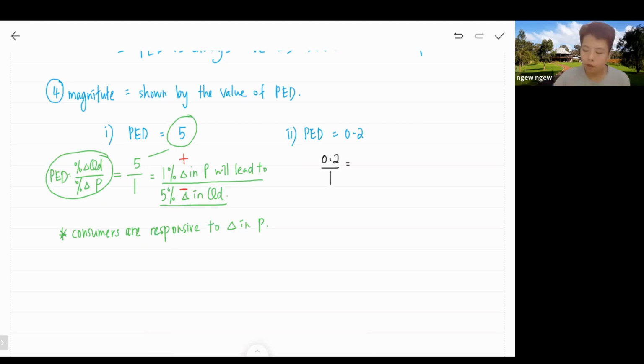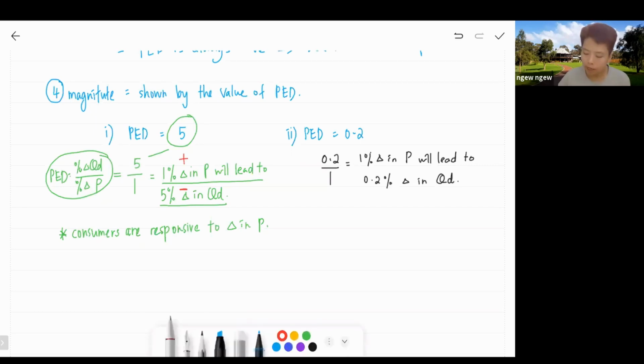Therefore, it shows that a 1% change in price will lead to a 0.2% change in quantity demanded. And again, if I put a sign on it, a 1% fall in price will lead to a 0.2% rise in quantity demanded.